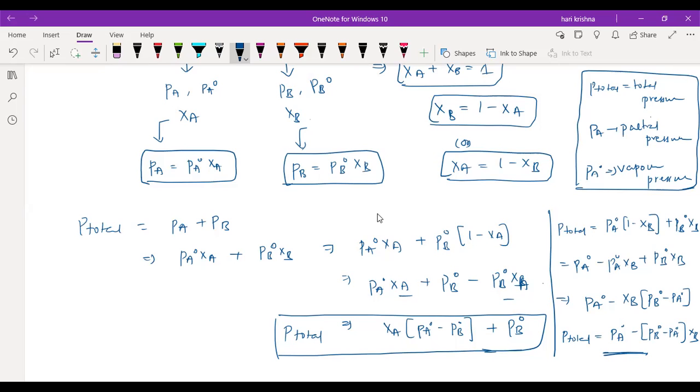Finished? If you finish this topic now, we'll start the ideal gas and non-ideal gas. Today's class is theory part only.